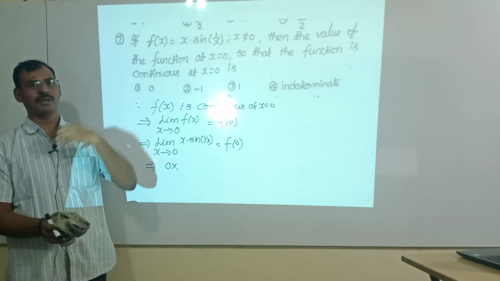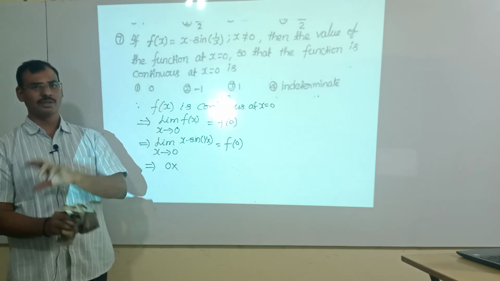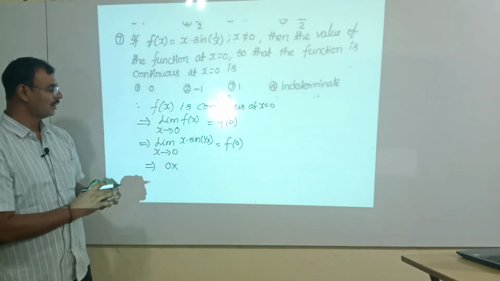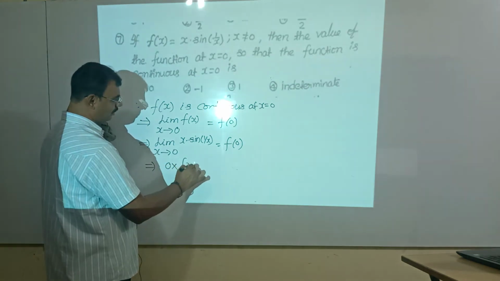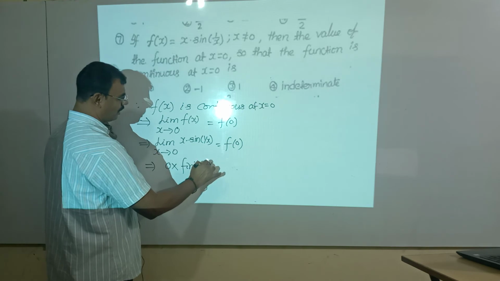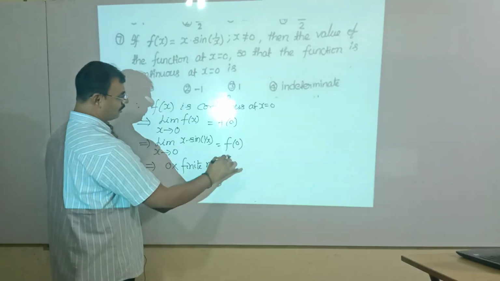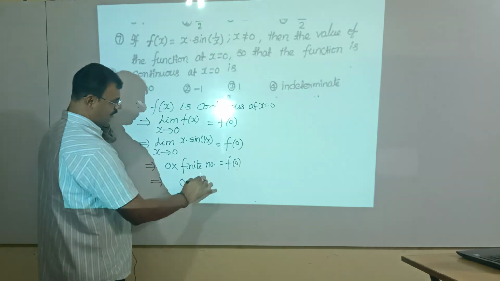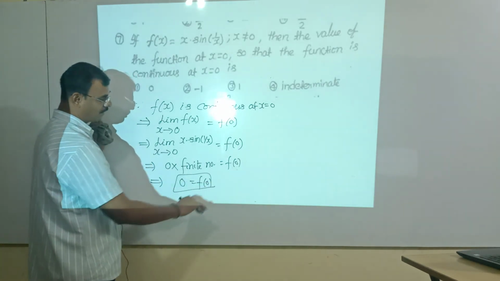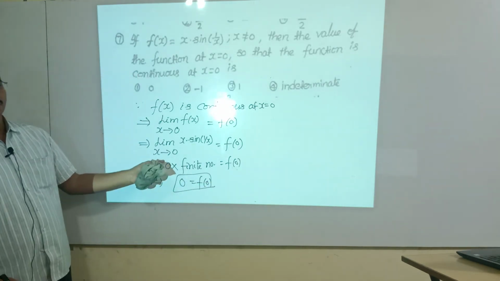It doesn't exceed -1 to +1. So it is a finite quantity. So sine of 1 by x is a finite number. A finite number is equal to f of 0. This is equal to 0 is equal to f of 0.